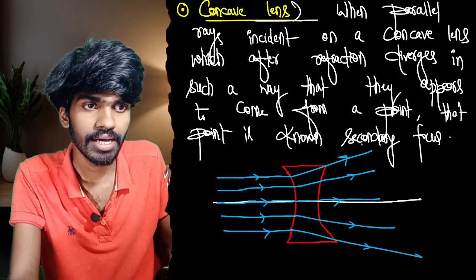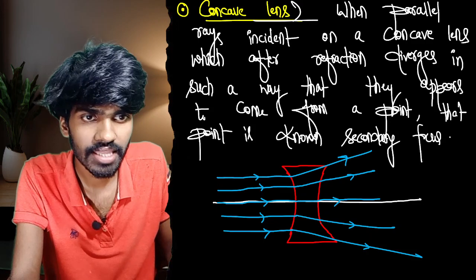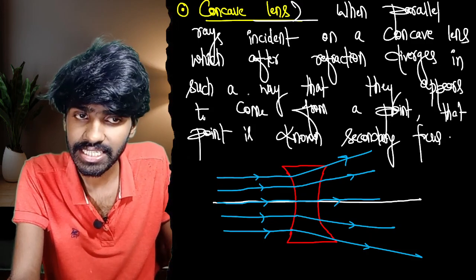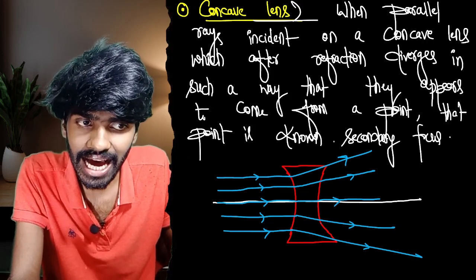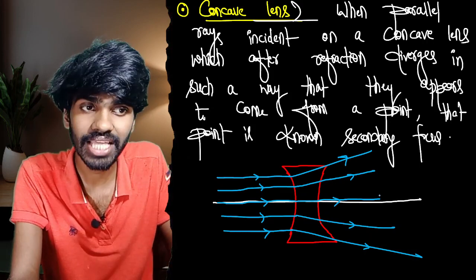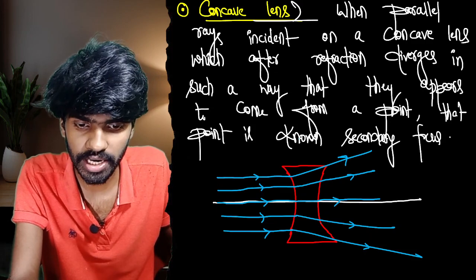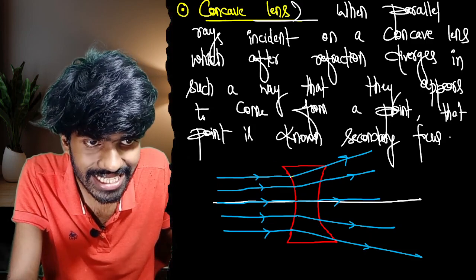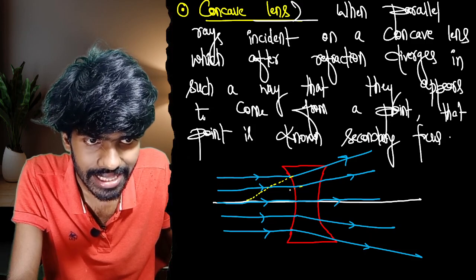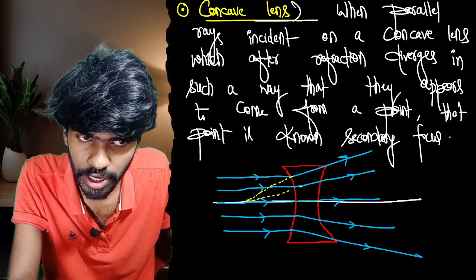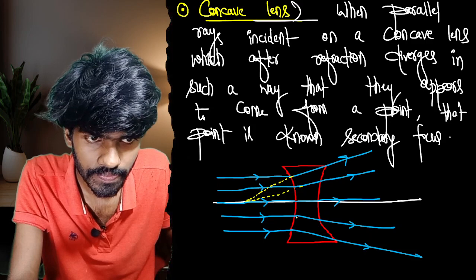So further, the definition is saying that they diverge in such a way that they appear to come from a point. They are getting diverged such that they appear to come from that point, like this. If I extend this in the backward direction with a dotted line, they seem to come from this point.